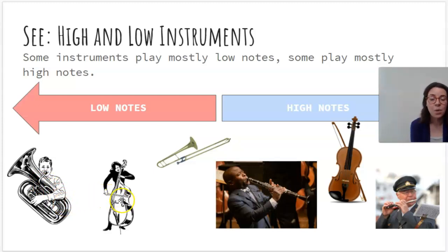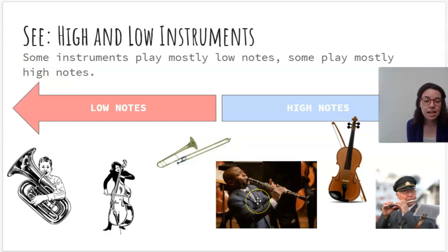Next, we see a woman playing a string bass. The string bass is also a large instrument, and the sound it makes is low. Up next, we have a trombone. There's not anybody playing this instrument in the picture, but it's a big instrument too. The tube, that long part, is very long, and the sound that it makes is low.